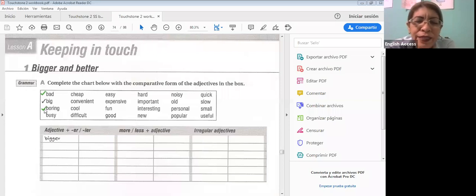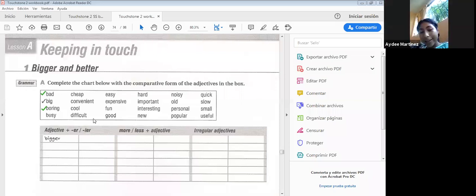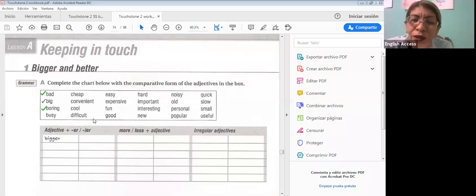Boring. Where? Bored? No, it says boring. Column 1, 2, or 3? 3. Irregular.